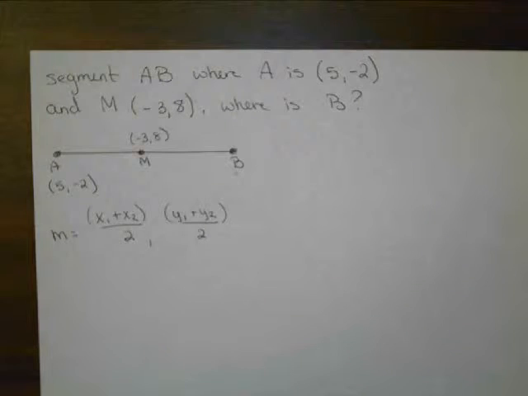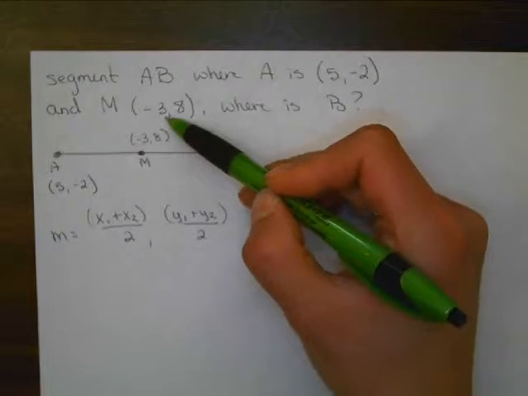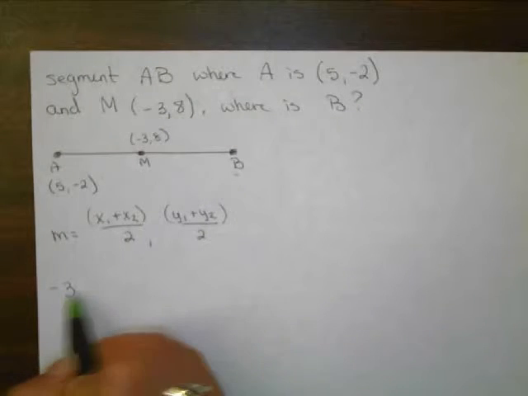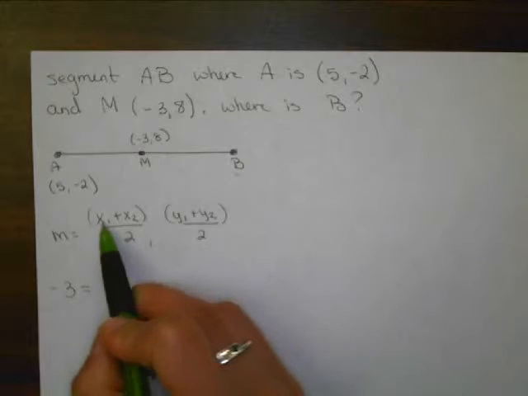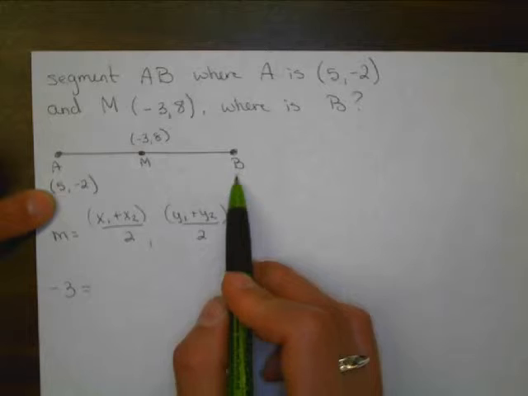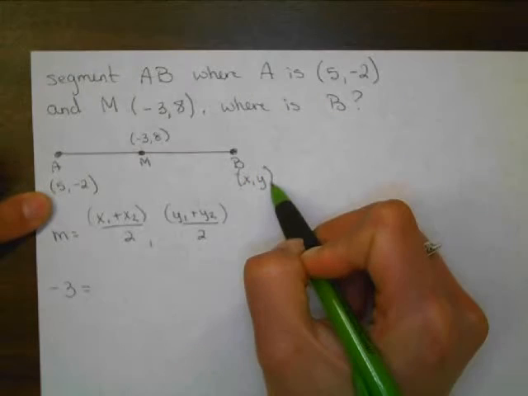Alright, so now that I'm given the midpoint, I'm just going to work backwards to find the missing x of the B coordinate. So the x coordinate of my midpoint is -3. So I'm going to take -3, and that's going to be equal to x1 plus x2, so that would be A and B here. You can think that B is now (x, y).